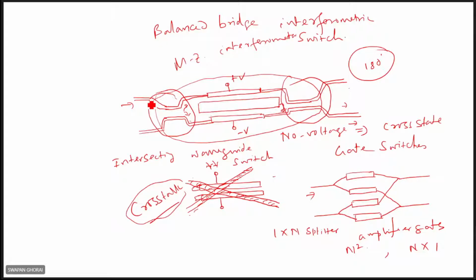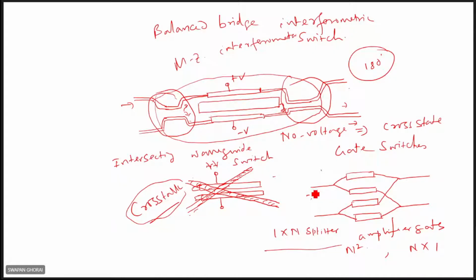So we have seen that the cross connect elements can be of two types: one is directive switches, and the other is gate switches. Here you see the second category, the gate switches, where there is a 1:n splitter.